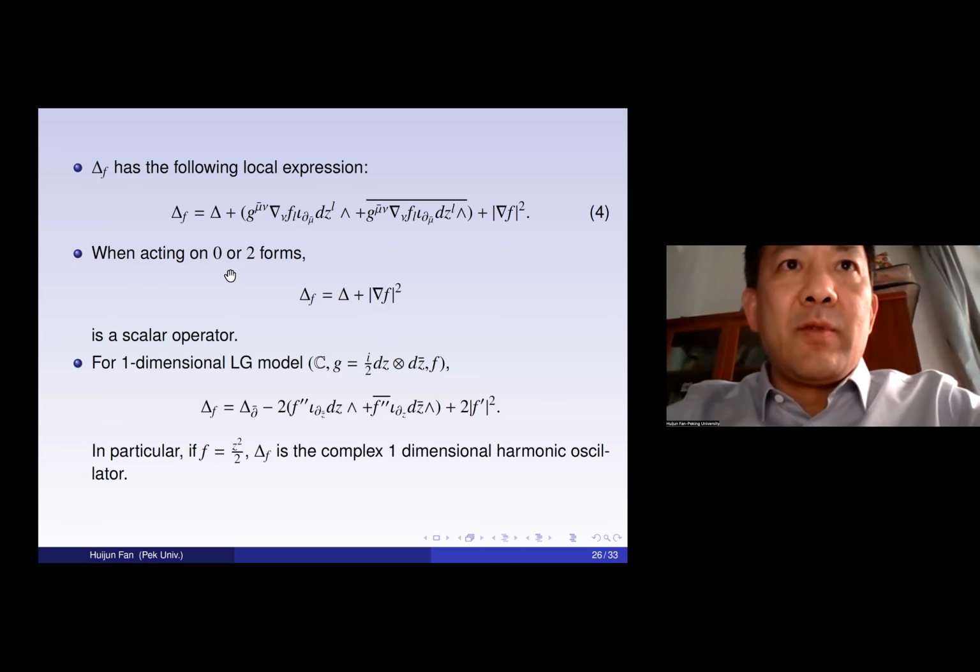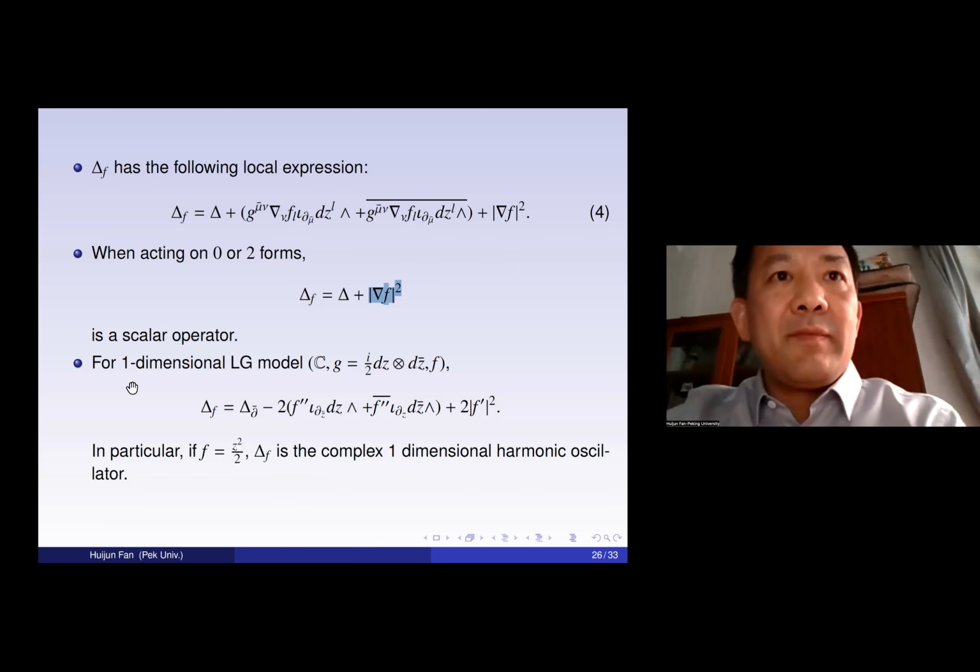So when acting on 0 or top forms, this operator has the following form. So this acts as a scalar operator. You can see Δ_F is just Δ plus this potential term. This is just the Schrödinger operator. But if you consider the operation on forms, this operator can be considered as a matrix Schrödinger operator.